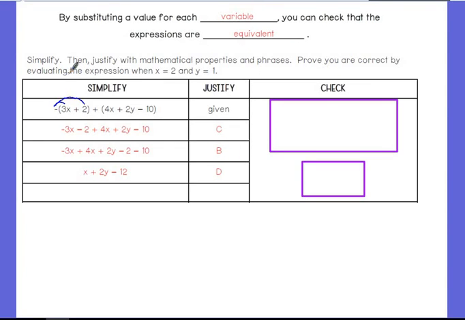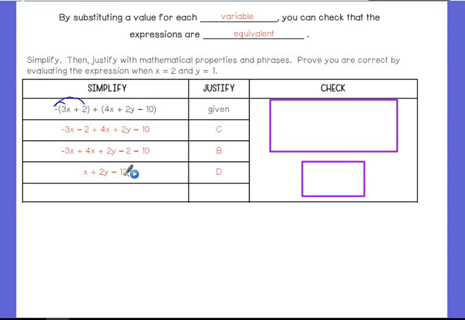Prove your answers correct by evaluating the expression if x is 2 and y is 1. So to know if I'm correct, in my original problem, anywhere I see an x, I can plug in a 2 and a y 1, solve it.